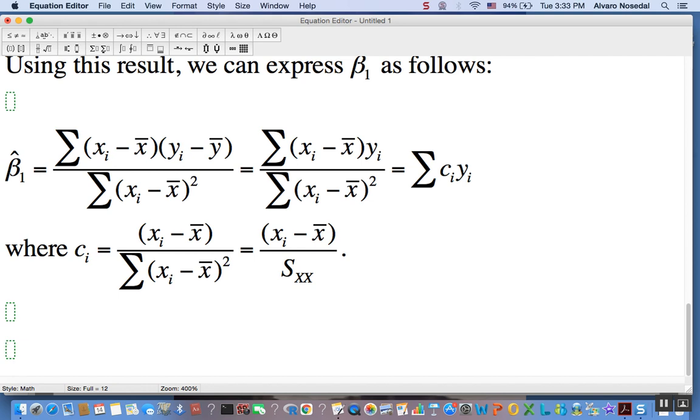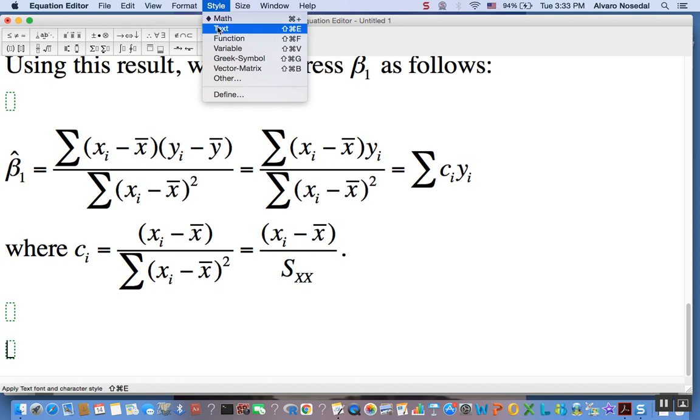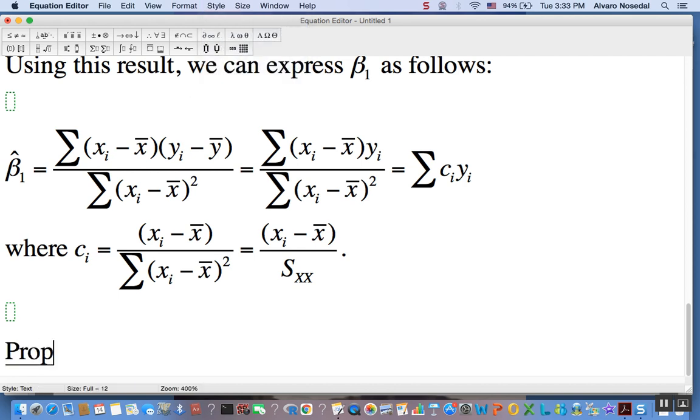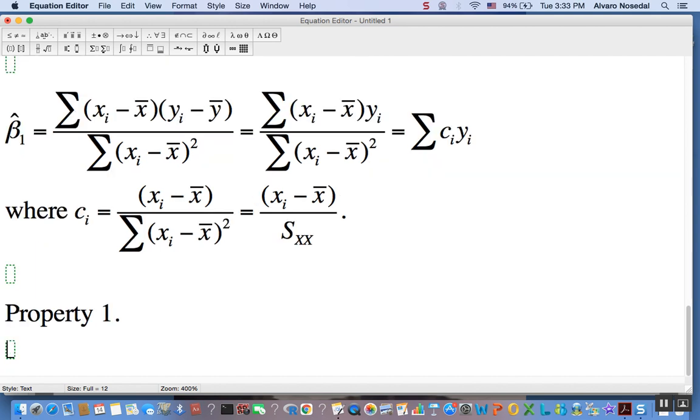Okay? So first property of our ci's, property 1. It turns out that the sum of the ci's equals 0.